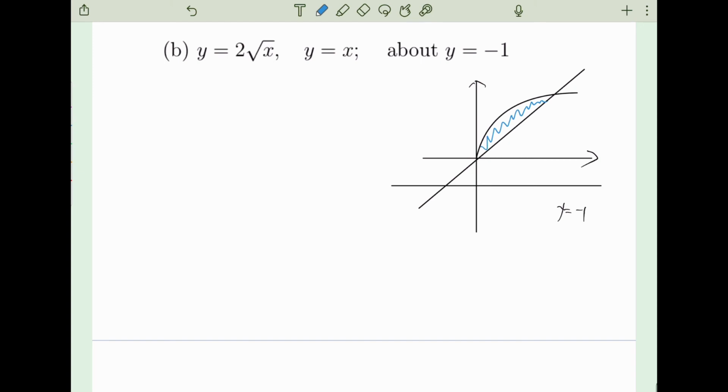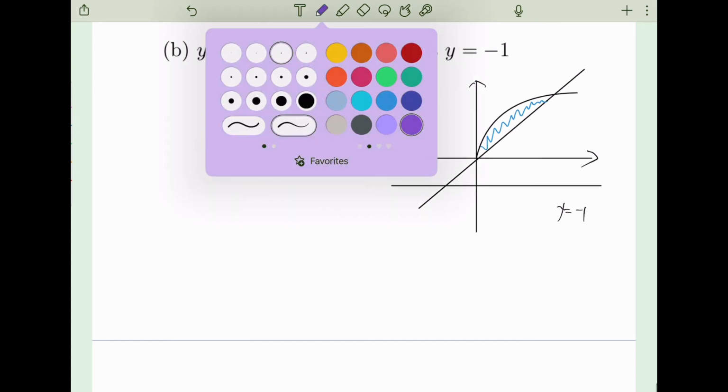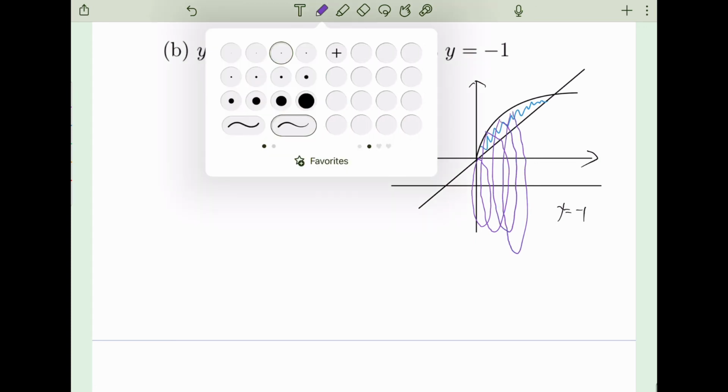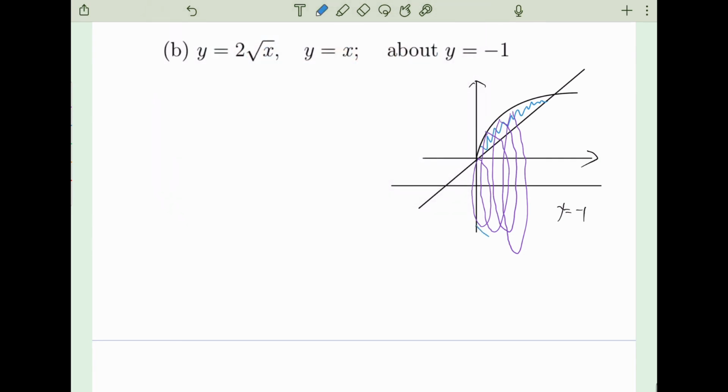So rotation is about the y equal to -1. So you have lots of things going around like this. Okay. Something like that.